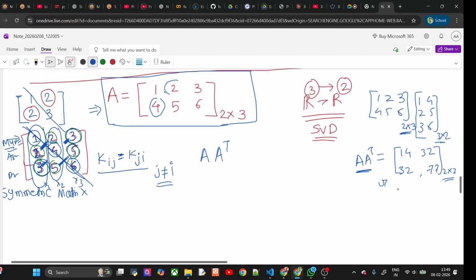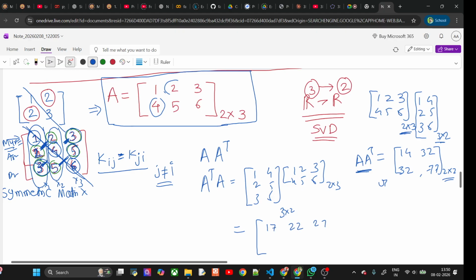And if I do A transpose A also, which is nothing but 1 2 3 4 5 6, which is 3 cross 2, times 1 2 3 4 5 6, 2 cross 3, I'll get a final matrix which is 17 22 27, 22 29 36, 27 36 45, which is 3 cross 3.